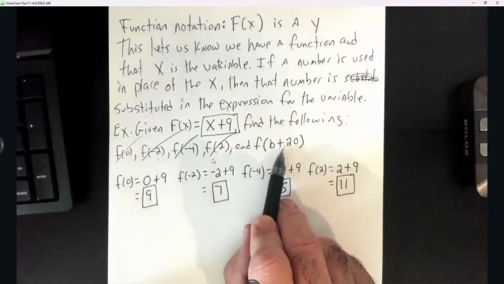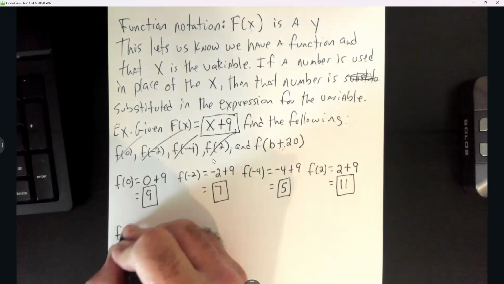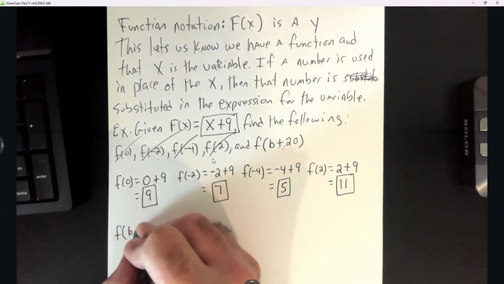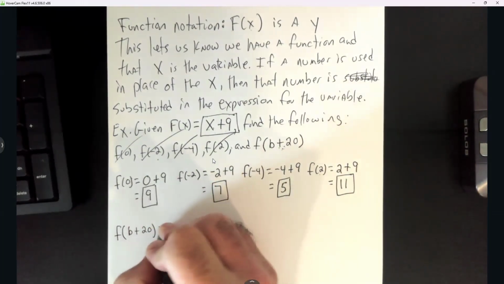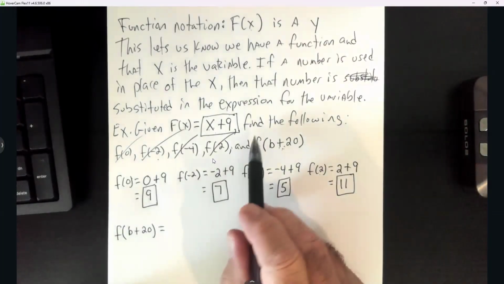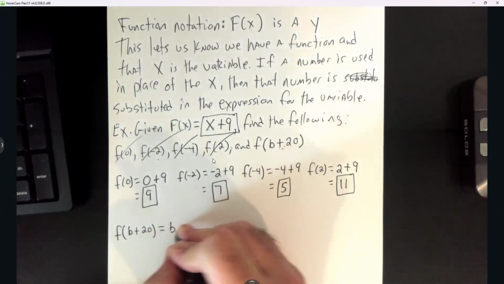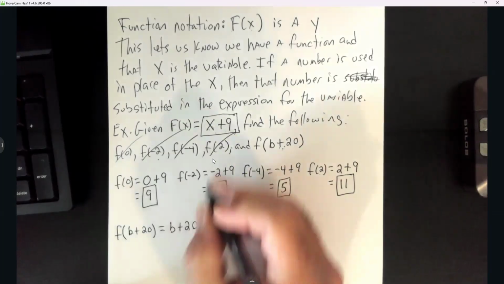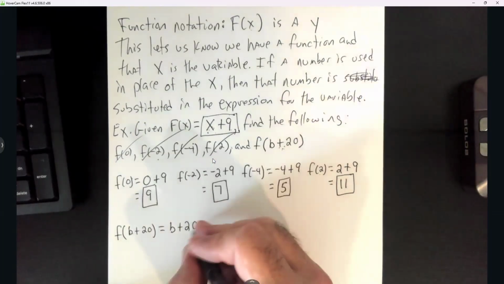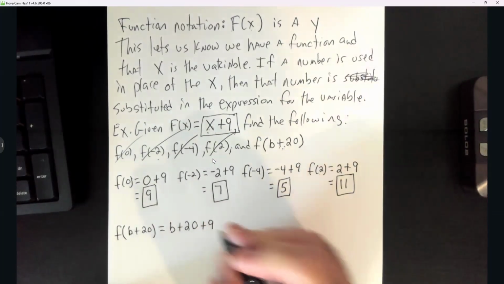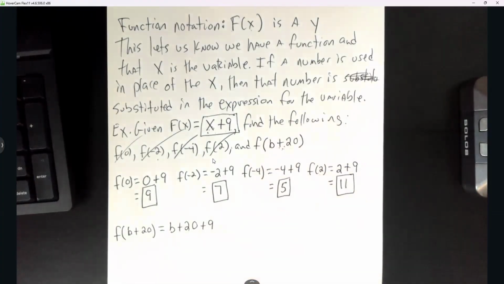Oh, y'all look at this one. F of b plus 20. Well, guess what? In place of this x, they want me to put a b plus 20. So that's going to be b plus 20. That's the x, and then plus 9. Can you go further on that one, y'all?